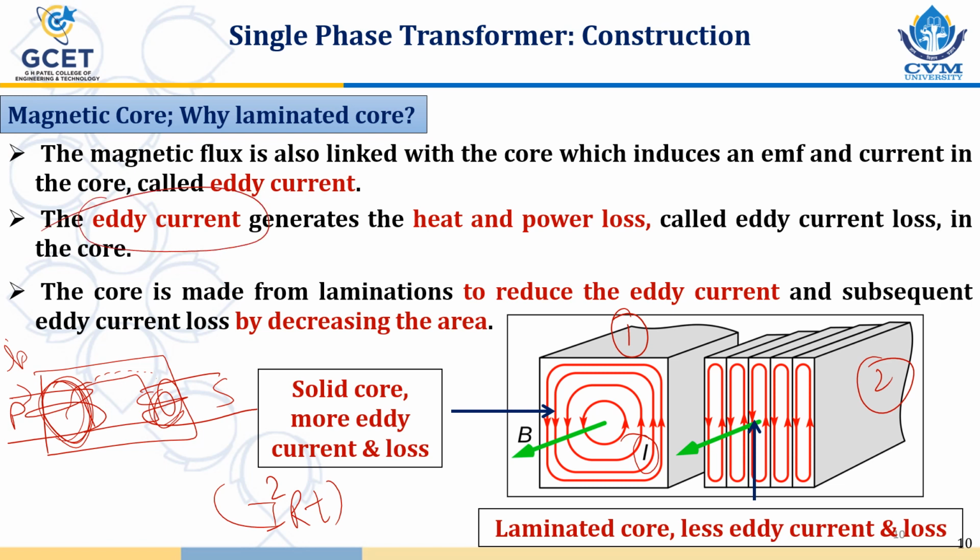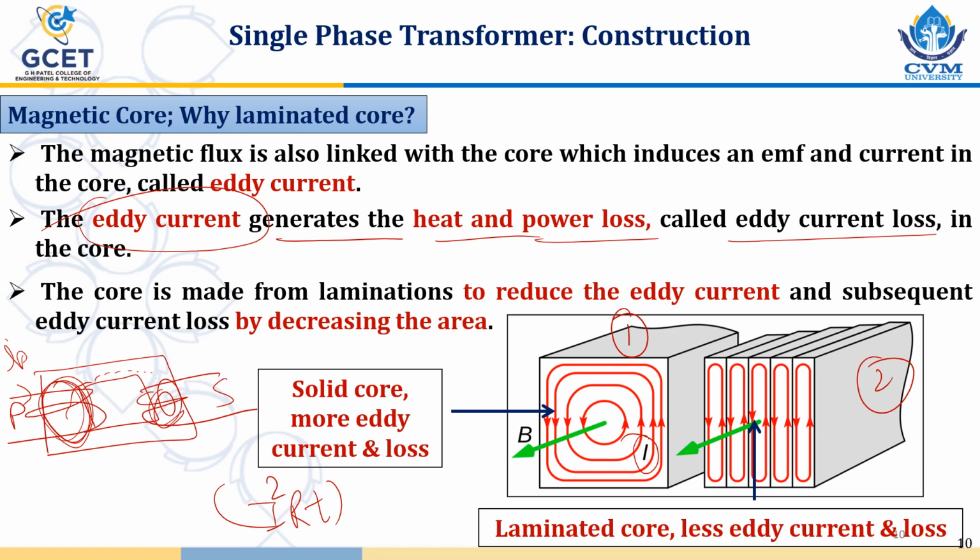So whatever current is induced in the core is known as eddy current. And this eddy current generates heat and power loss in the core. These losses are known as eddy current losses. Remember one more loss we discussed in the last session, hysteresis loss. Hysteresis loss occurs in magnetic material, that is the core. So along with hysteresis loss, eddy current loss occurs.